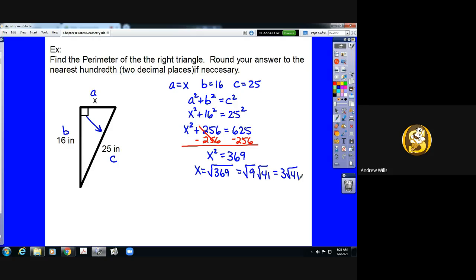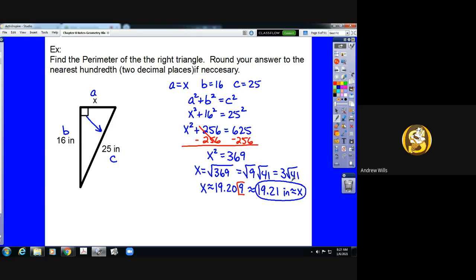We only need the decimal. So we hit the convert button and we round that answer: 19.209. That 9 tells us to round the 0 up to a 1, or 19.21 inches for x.